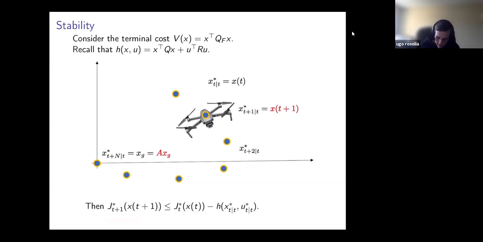And now what we notice is that by definition, this stage cost is strictly greater than 0 because we started with an initial condition that is different from the origin. And so here we are subtracting a strictly positive term. So this means that our open loop cost is strictly decreasing, which in turn implies that the limit goes to 0 and that our system is closed loop stable. So any questions about this second derivation?